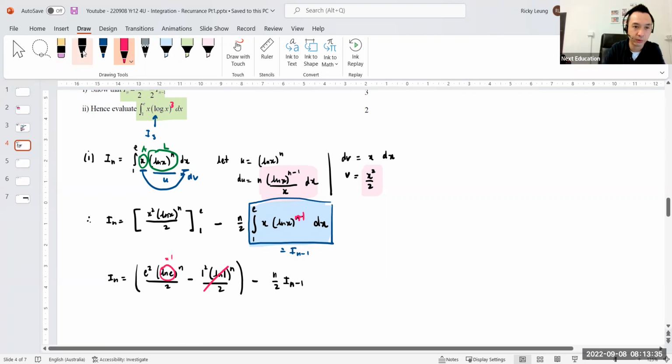Therefore, I've got my recurrence statement: I_n = e squared on 2 minus n on 2 I_(n-1).